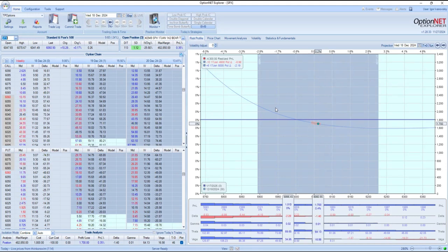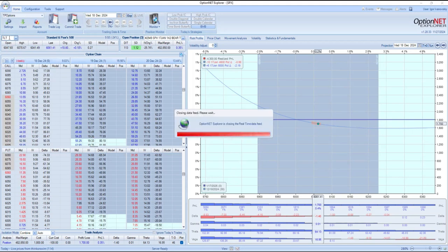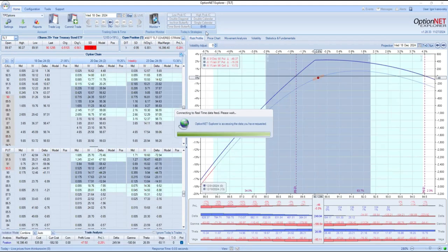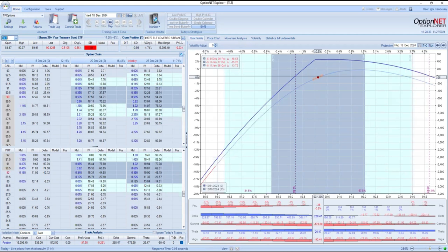I think it definitely works on underlyings that are going to pay a dividend and underlyings that you wouldn't mind owning shares outright.